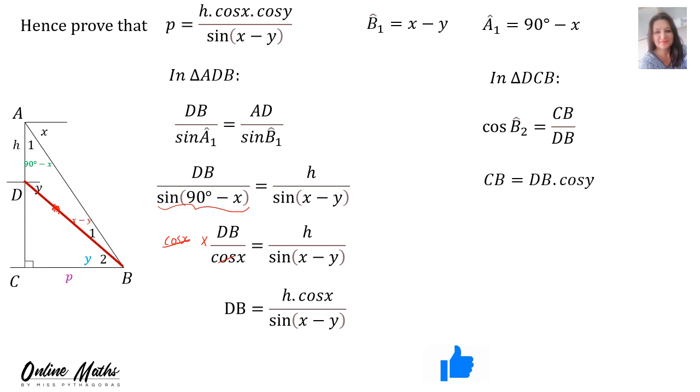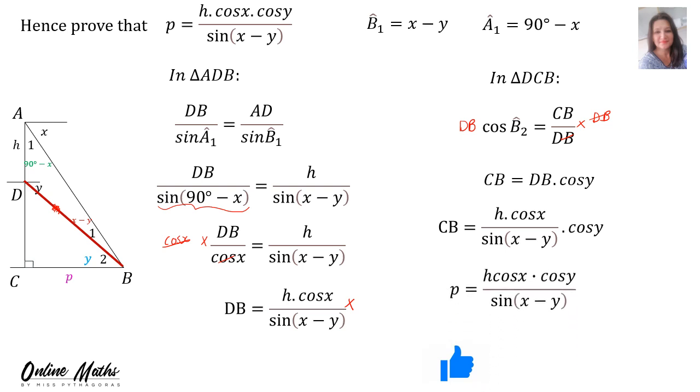Then we can make CB the subject of the formula by multiplying by DB on both sides. Then from the previous sum we know DB's length, and we substitute DB's length, the one that was h times cos x over sin of x minus y, times the cos y, and we write it on top.